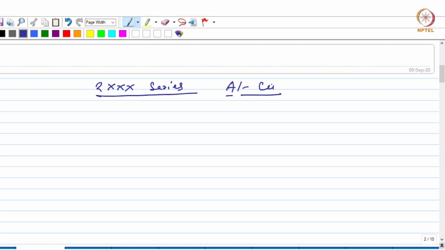In fact, this was the system through which the age hardening phenomenon was actually discovered. As I talked about in one of the classes, this whole phenomenon of age hardening was discovered in aluminum alloys, and the alloy being investigated was an aluminum copper alloy. That is why you would see that most examples of precipitation hardening talk about this particular alloy.